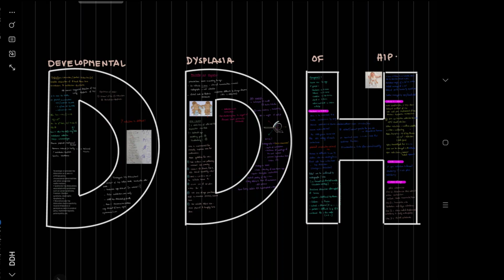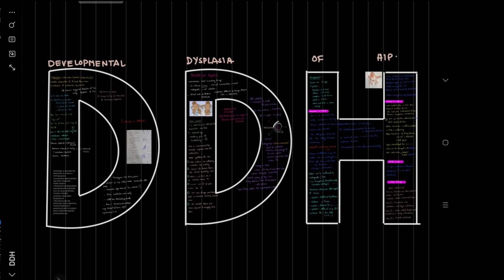So people thought it is a congenital disorder, so they named it congenital dislocation of hip and congenital dysplasia of hip, and so on. Later on, when they realized that this is a disorder that grows through age, they renamed it as developmental dysplasia of hip.